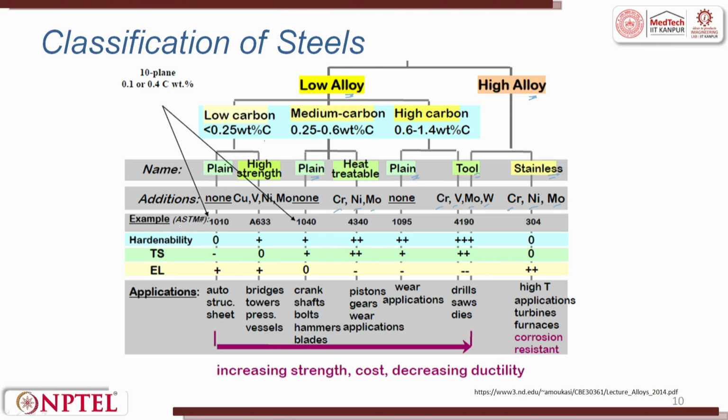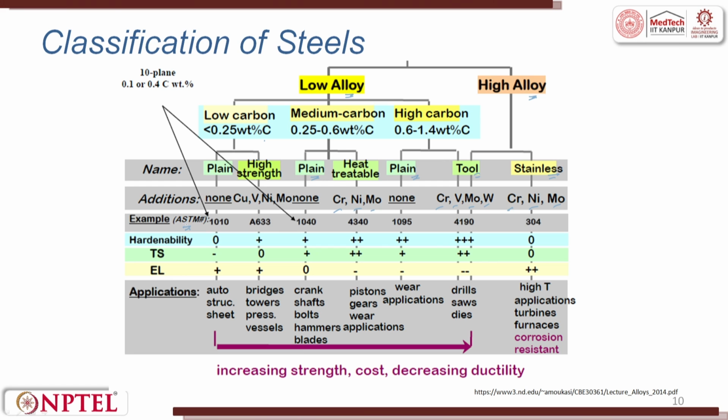According to ASTM standards, we call it 1010, 1040, 1095, 4190, 304. In ASTM we will not say give me a low carbon steel; as against that they always give a number, an ASTM number, aluminium 6060, aluminium 1010. So, they call it like that.